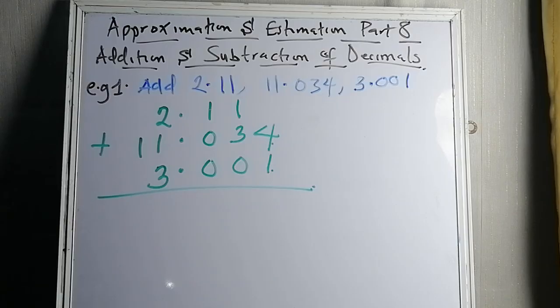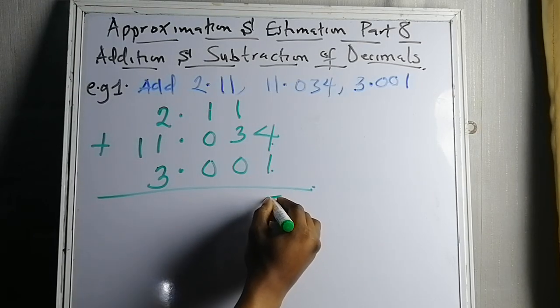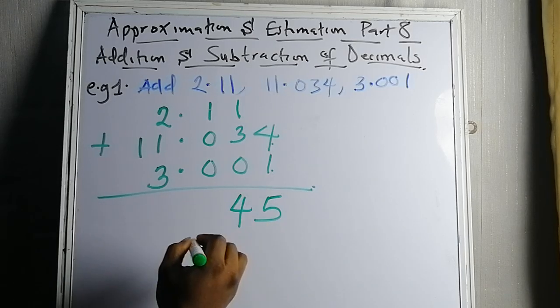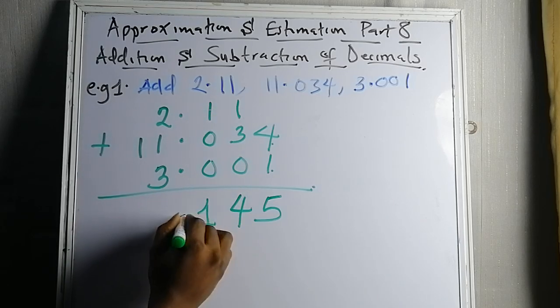So addition of decimals. What do we now do? We now add together. 4 plus 1, that is 5. Very simple. But if you did not arrange it the way you're supposed to arrange it, you will get the wrong answer. So 3 plus 1, you have 4. 1 plus 0 plus 0, you have 1.